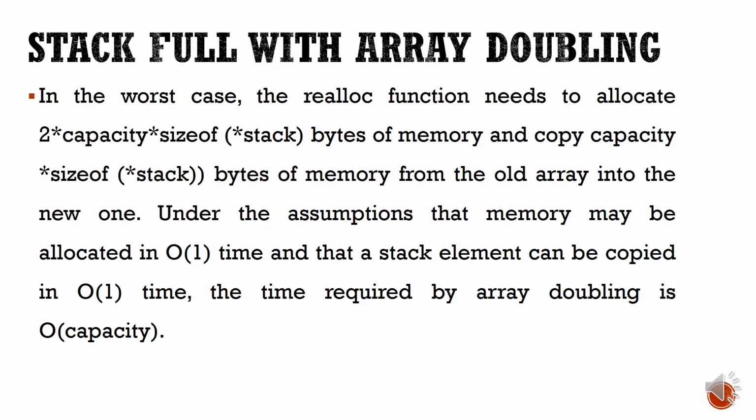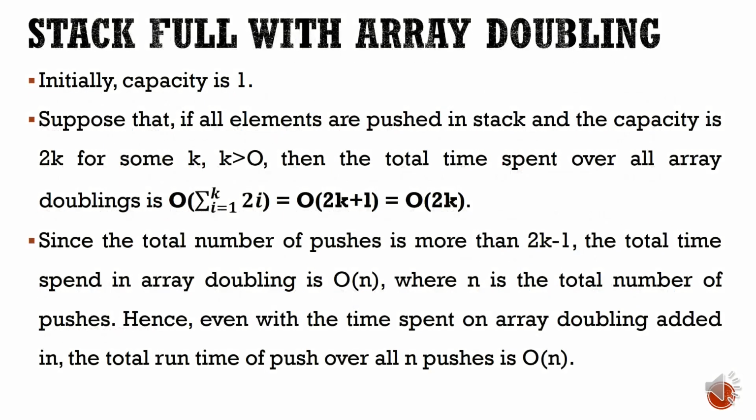Each copying will take big O of 1 time. If I already have n elements in my stack, what will be my complexity? Big O of n. That is, the complexity will be big O of n if I go for doubling the stack. So that many push operations we need to perform.